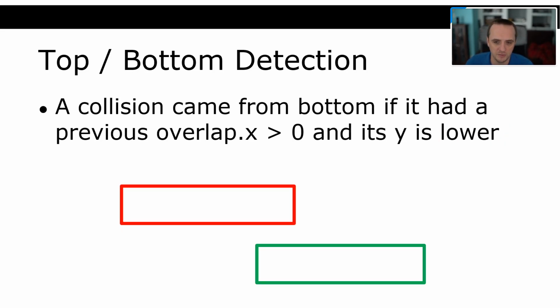And we have a bottom collision if it had a previous overlap of X greater than 0 and its Y value is lower. Okay, so this means that it would come from the bottom. So in our game, we do have a case where we are trying to detect, like if we have a question mark block, if the collision is from the top, then nothing happens. But if the collision is from the bottom, we want to spawn a coin, okay?